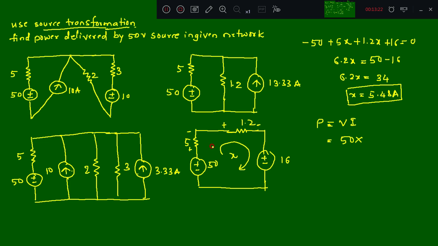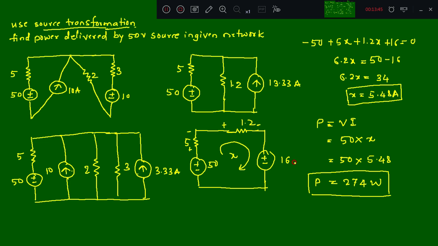What is the I value? Means what is the current flowing through here in this loop? It's X, right? So it is 50 into 5.48. So P is equal to 274 watts. So this is the required answer for the given circuit.